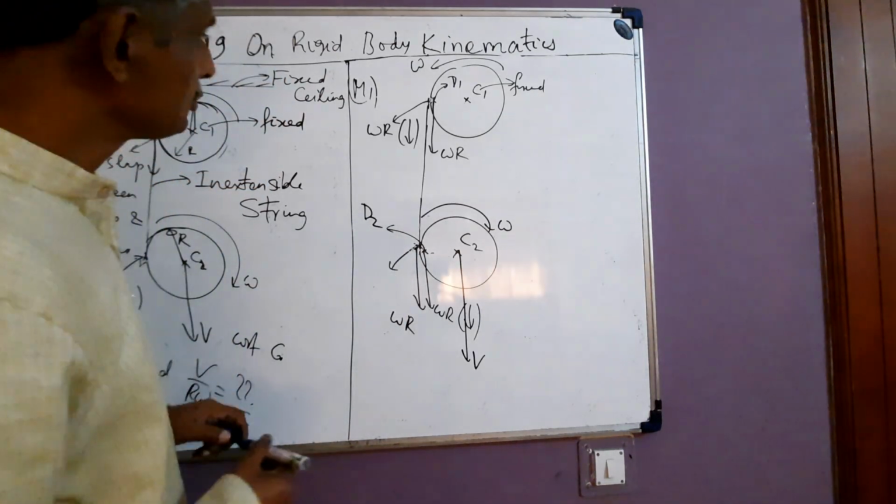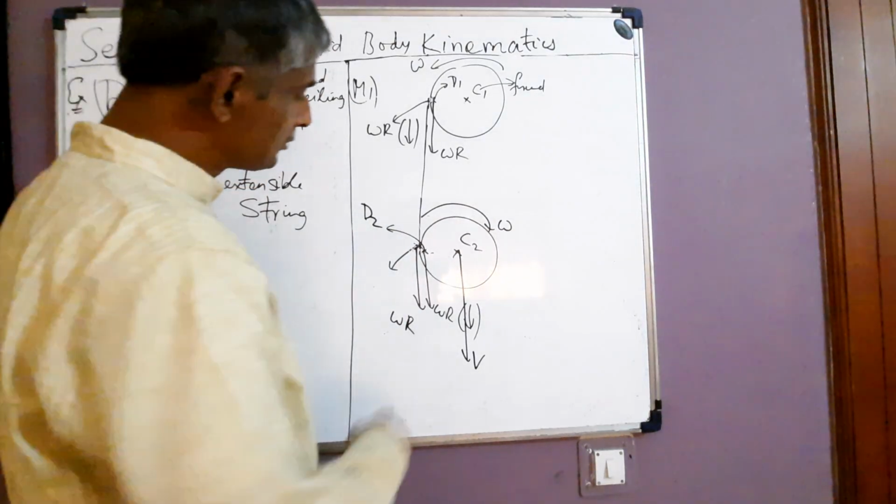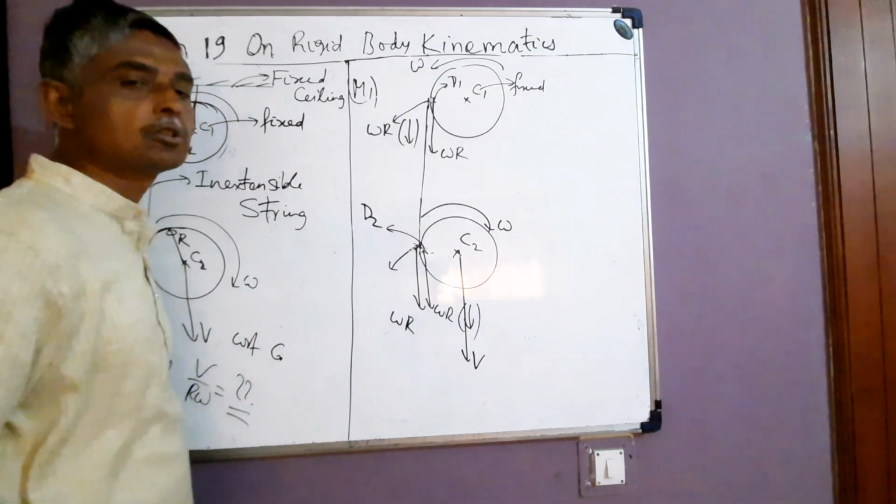Now what we do, we apply SRC for velocity to the lower cylinder between the points C2 and D2 in ground frame.